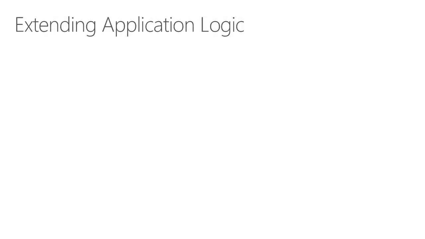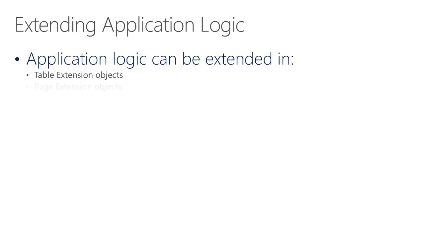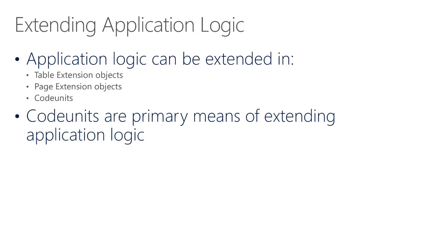So our base bookshelf app has a number of objects that all work, as we've seen. Now let's talk about extending application logic for a second. What we've done so far is create a table extension object to add a field to an existing table. And we've had a page extension object that shows that field on an existing page. So it adds something to an existing object.